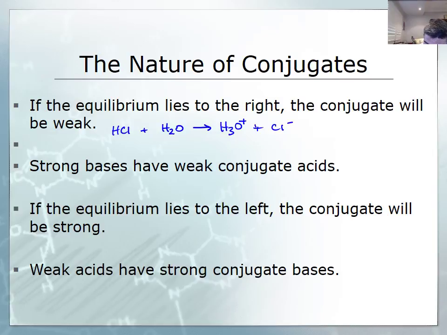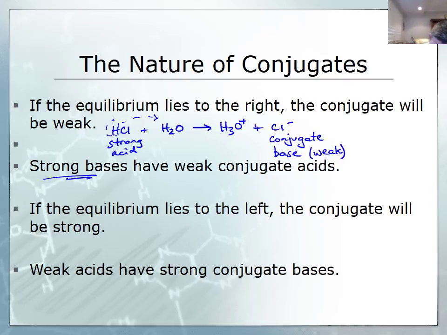Hydrochloric acid is a strong acid, and therefore the species that is left behind after the proton moves across, the conjugate base, which is the chloride ion, will correspondingly be weak as a consequence of the fact that the acid is strong.